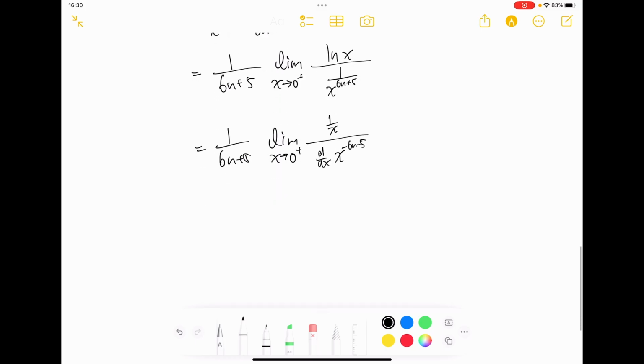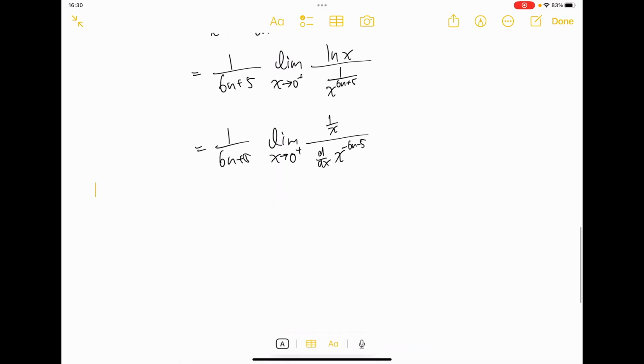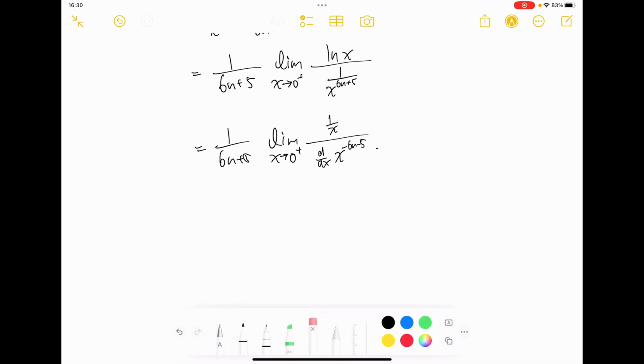So if we do that, we're going to get an extra factor of negative 6n plus 5, so negative all of 6n plus 5. So we're going to get negative this squared, and then we're subtracting 1 from the exponent. Yes, that sounds right.